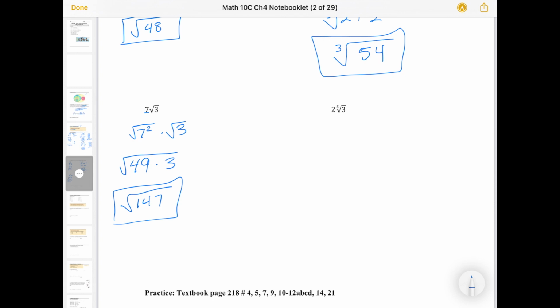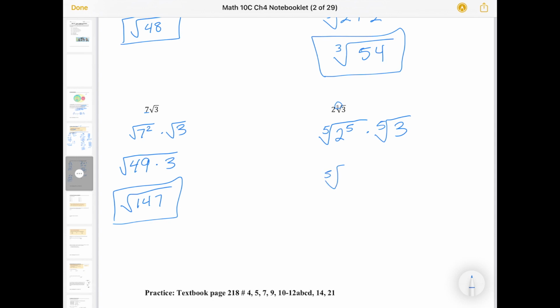Right. And our last example together, our index is 5. That's okay. It's the 5th root. I know we haven't done much with that, but we're getting there now. So it's the 5th root of 2 to the 5 times the 5th root of 3.